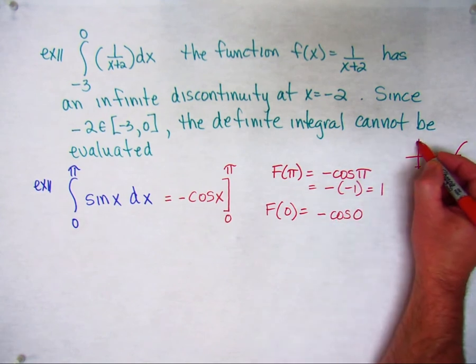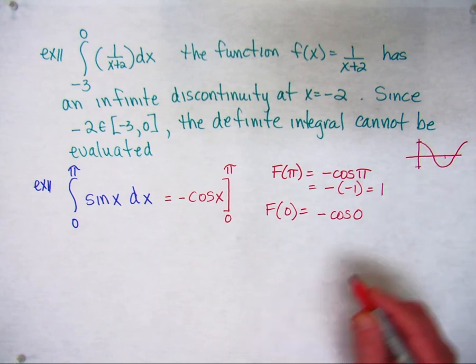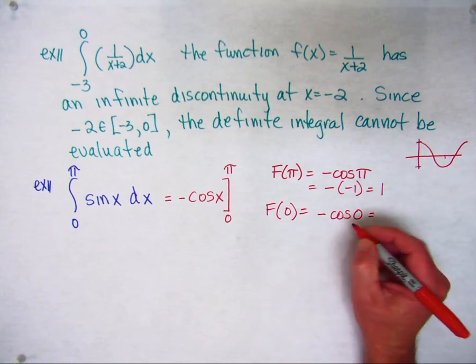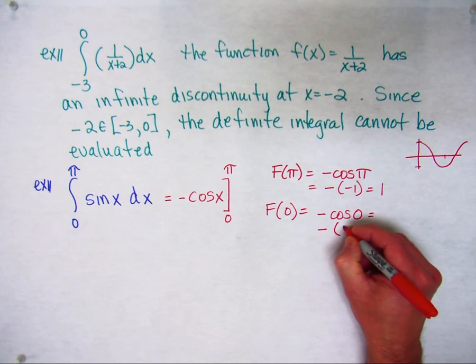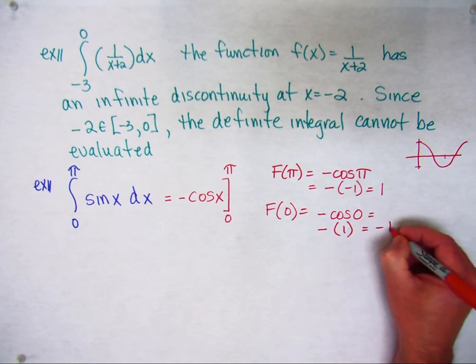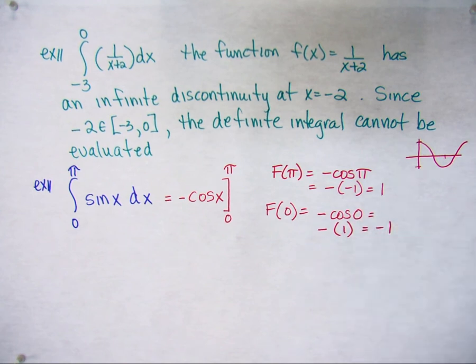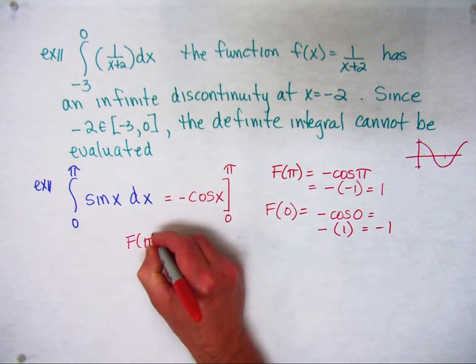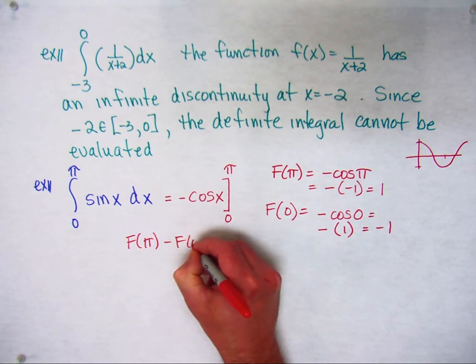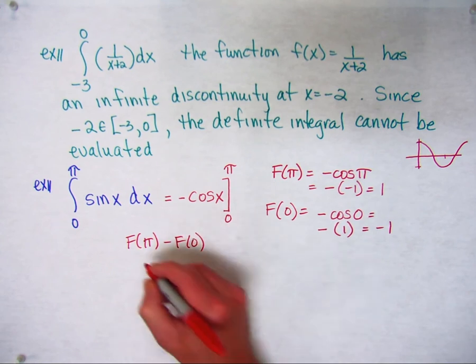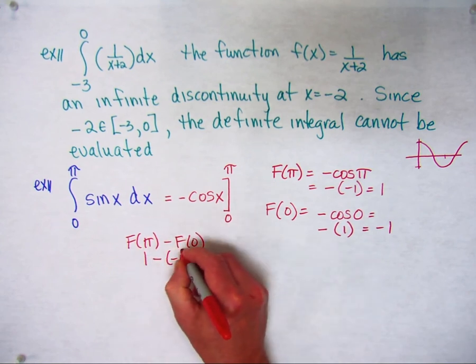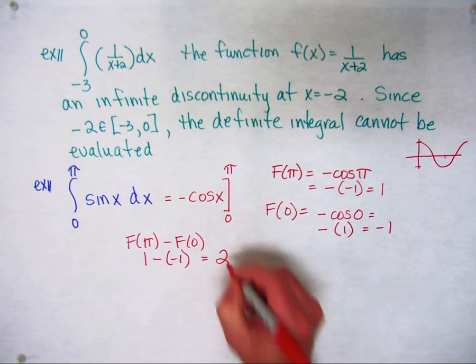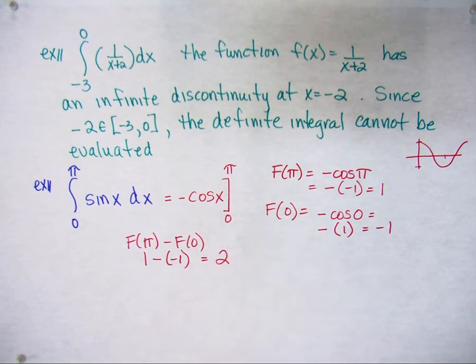Cos at 0 has a value of +1. So this will end up being negative bracket 1 or -1. And the definite integral would be f at pi subtract f at 0, which would be 1 subtract -1, which would give us a value of 2.